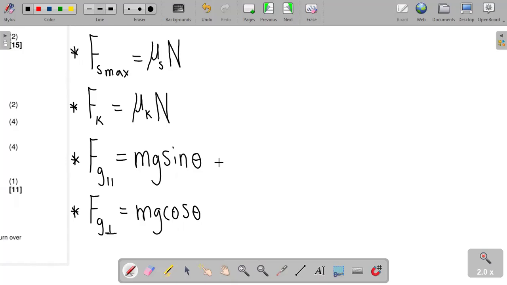These two you will not find on a formula sheet. They are not given, so you should know these two by heart.